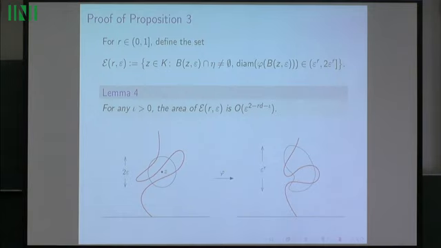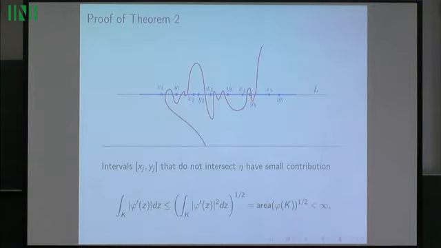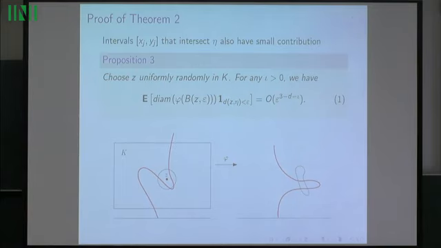So in proposition 3, we said we randomly pick some z in some compact set K, and we will show that the expected diameter is of this order.